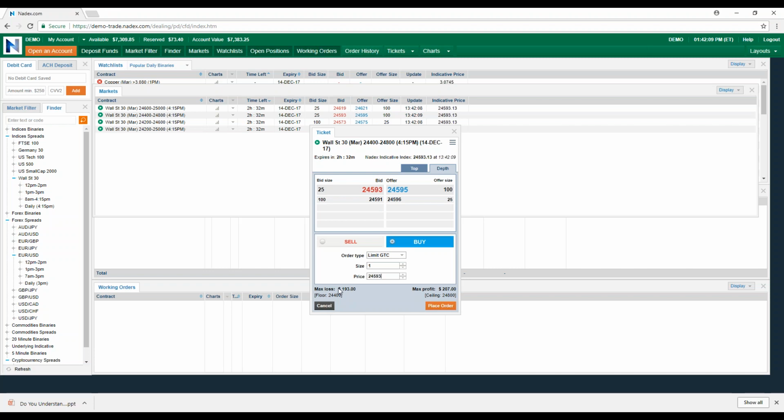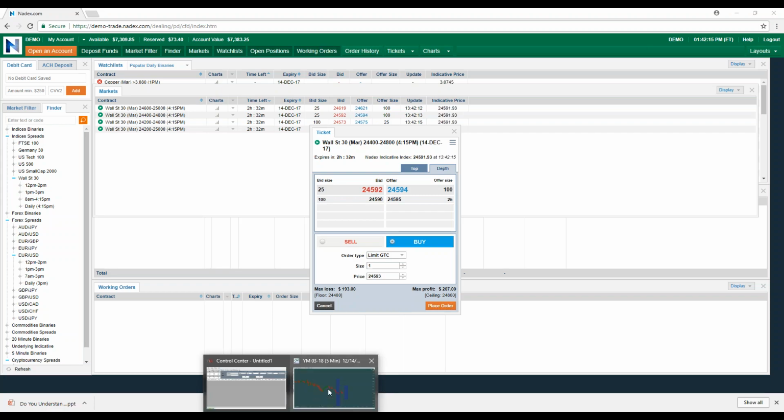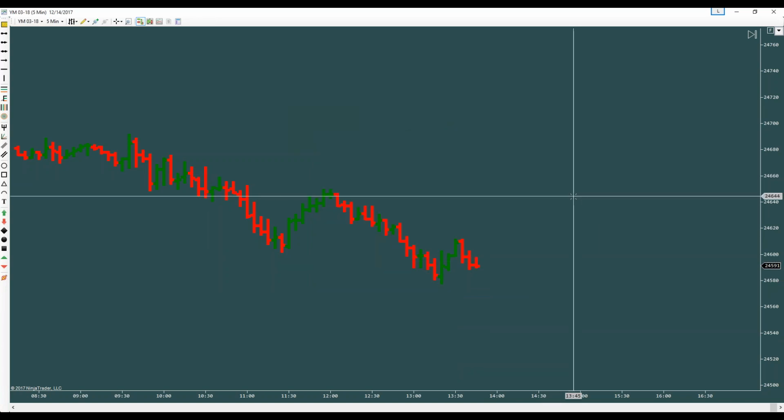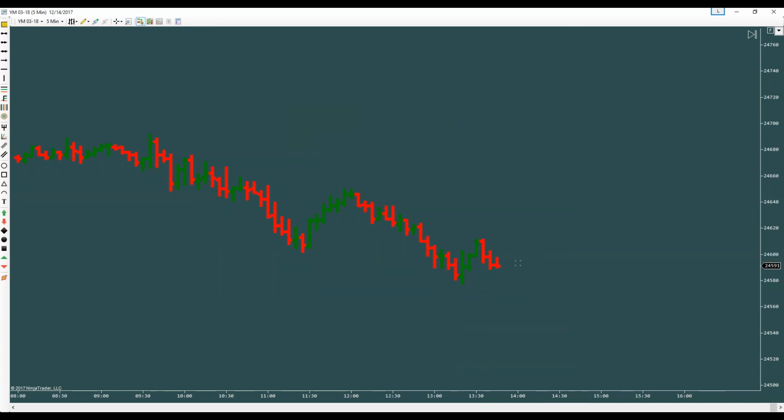What would have to happen on a spread for you to lose the whole $193 risk? Well, the Dow would have to go against you at expiration 193 points. I can't even see that far on my chart here. I'd have to scroll the chart way down to find that.